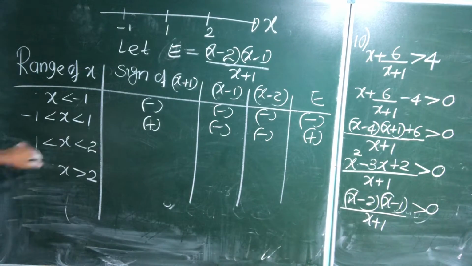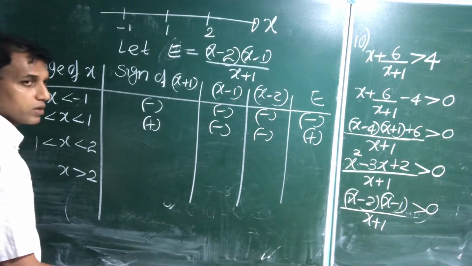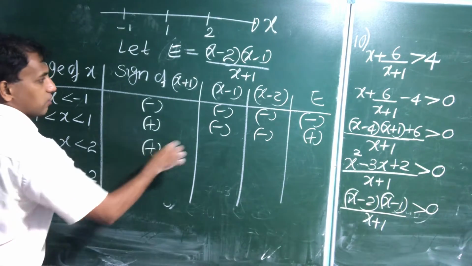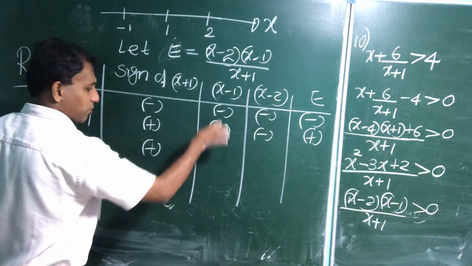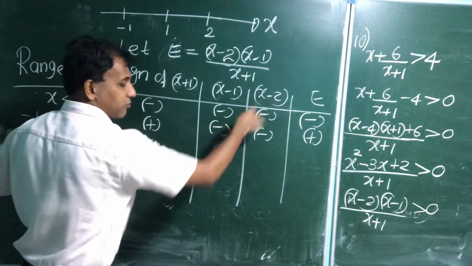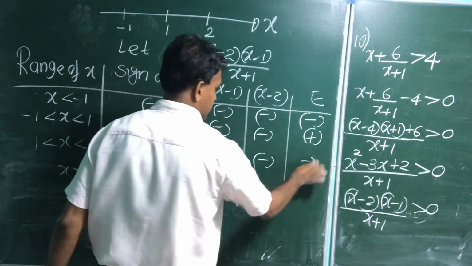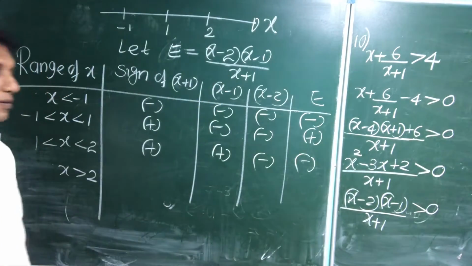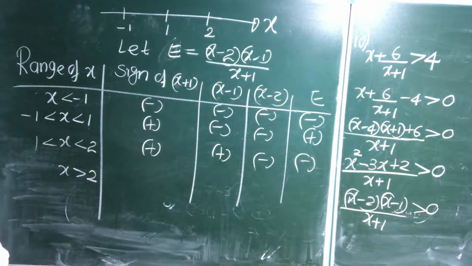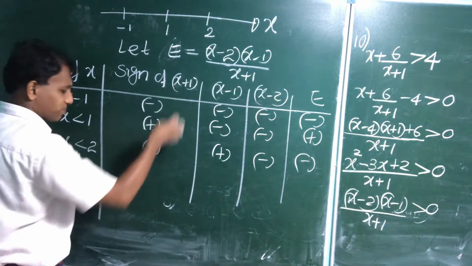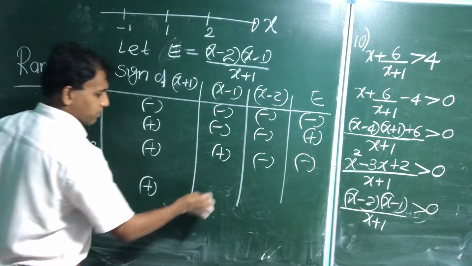More than 1, less than 2: put 1.5, positive, 1.5 minus 2 is negative, so the answer is minus. At last, greater than 2: x greater than 2, a number more than 2, positive.